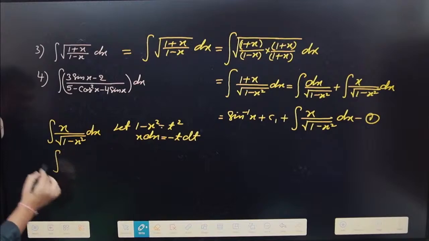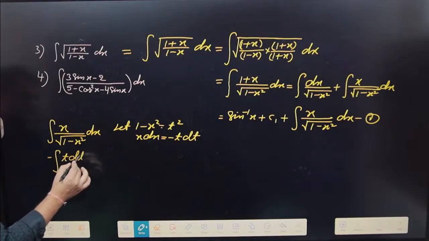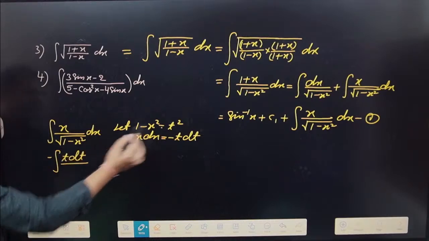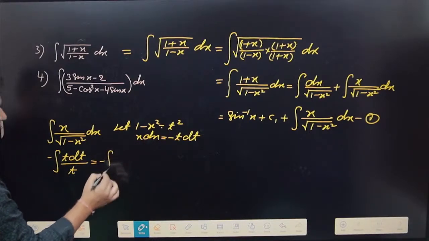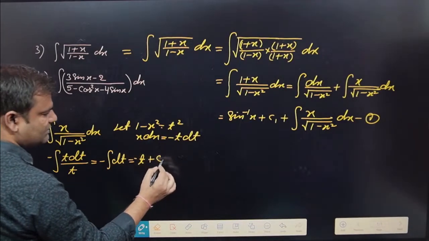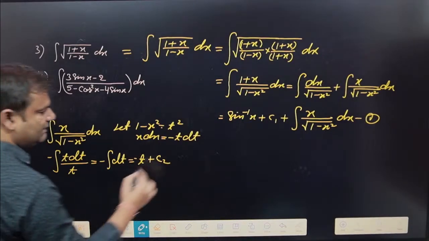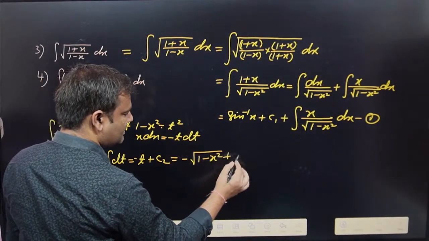Okay, now after that x dx is replaced by minus t dt divided by, what about that value? Simply t. So the t's cancel, so minus dt, and that gives minus t plus c2, and t is basically how much? Under root 1 minus x square, plus c2.